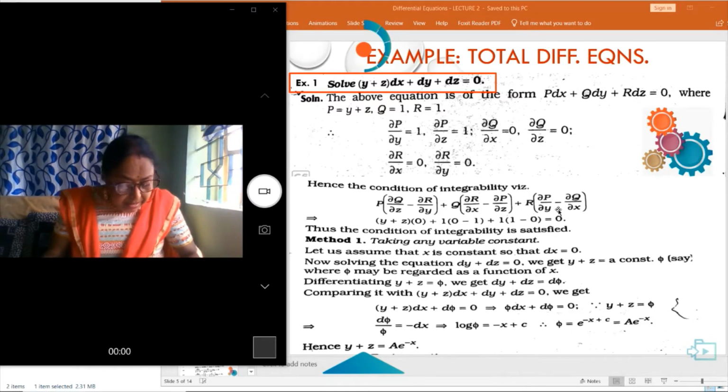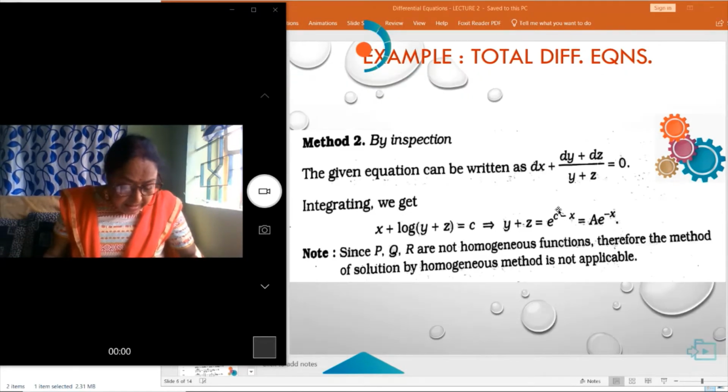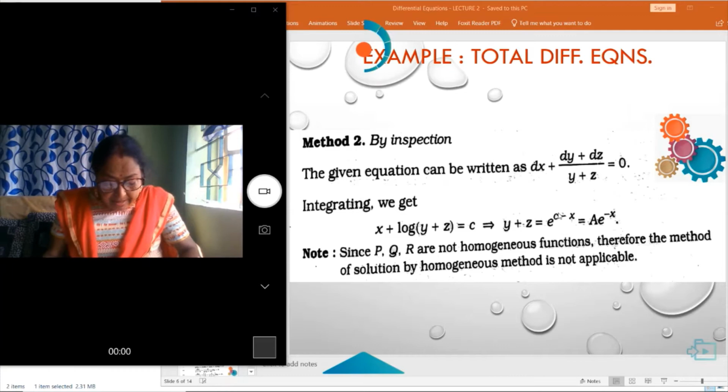Now the method 2, you can see that here it is written (dx plus dy plus dz) divided by (y plus z) is equal to 0. So by inspection, we can do this, and then integrating it, we get the value.